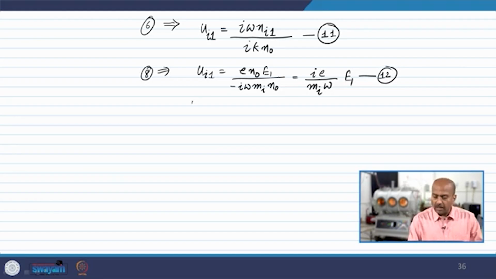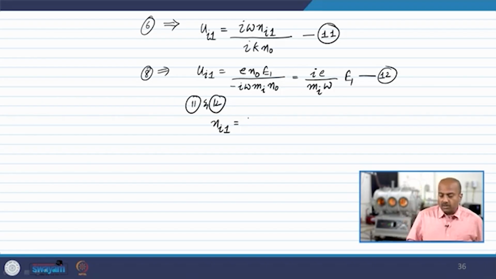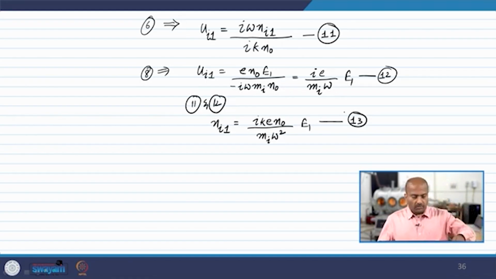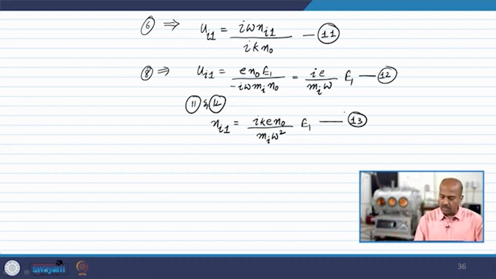So, comparing 11 and 12, we can write n_I1, the perturbed number density of ions, as ik E n_0 divided by m_I ω² times E_1. We call this equation number 13. So, we have eliminated variables and have just found out what n_I1 is.